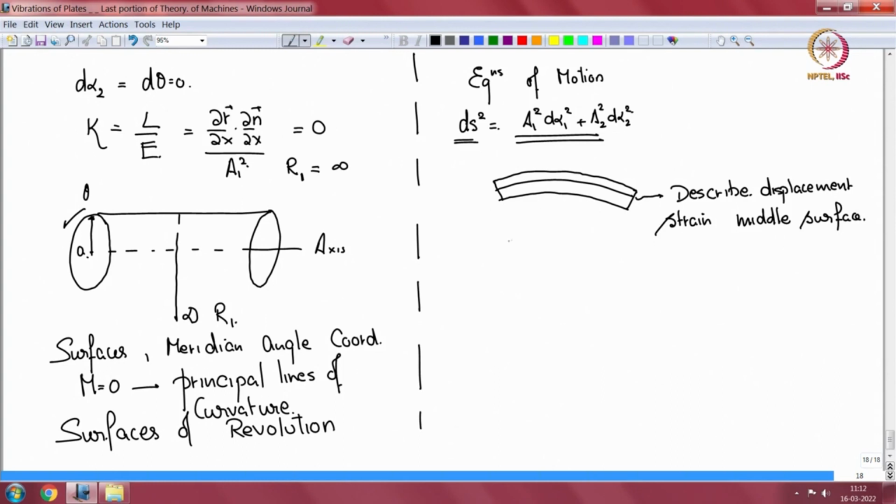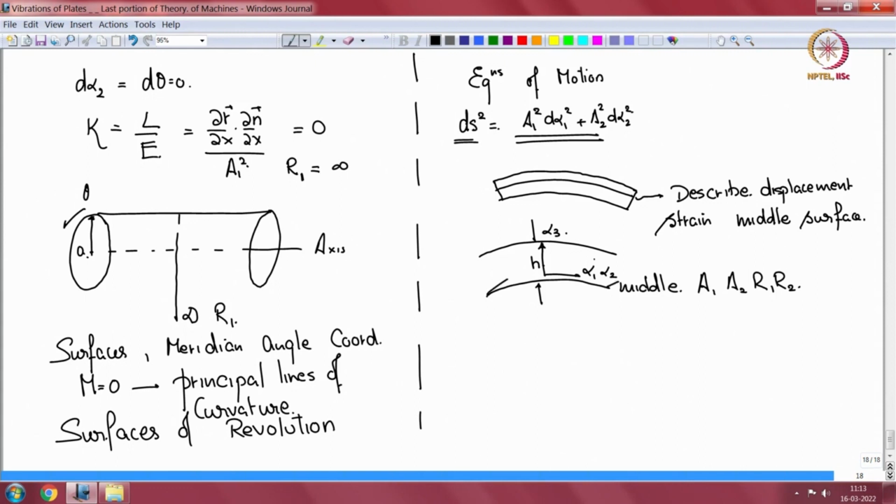Then if I enlarge this, this is my middle surface, which has these properties a1, a2, r1 and r2, and there is a thickness. So this middle surface carries the alpha 1, alpha 2 coordinates, the other dimension, thickness, carries the alpha 3. So now at every point on this middle surface there is a coordinate system, alpha 1, alpha 2, alpha 3.